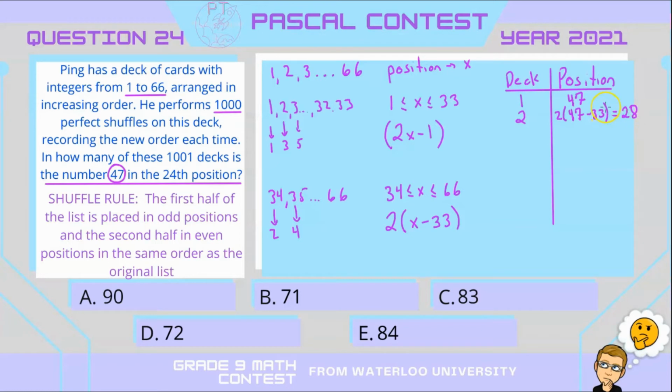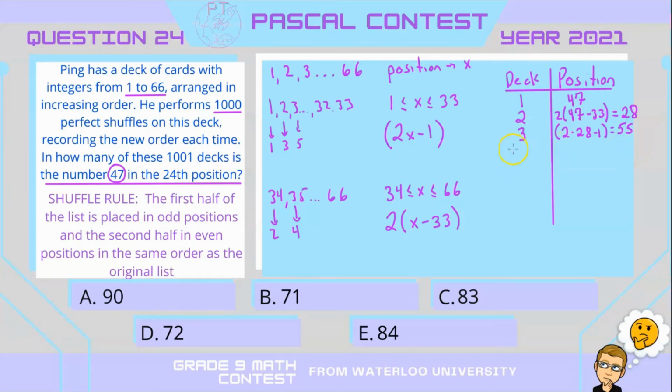Alright, so our original 47 is now in our 28th position. Well, let's see what happens in the third deck. So now it's in the first half, so we're going to apply this operation. So 2 times 28 subtract 1. And that gives us 55.